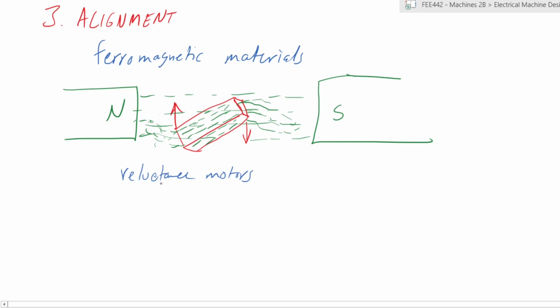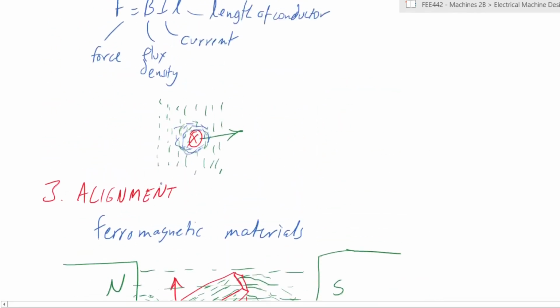This is purely a method of making use of the ferromagnetic properties of the machine. So you set up a machine such that, for example, the rotor can be able to rotate, and the rotor consists of ferromagnetic materials that once a field is set up around them, they will move in a way that will align themselves to the existing magnetic field. And by continuously rotating the magnetic field, you would then have essentially a motor, right?